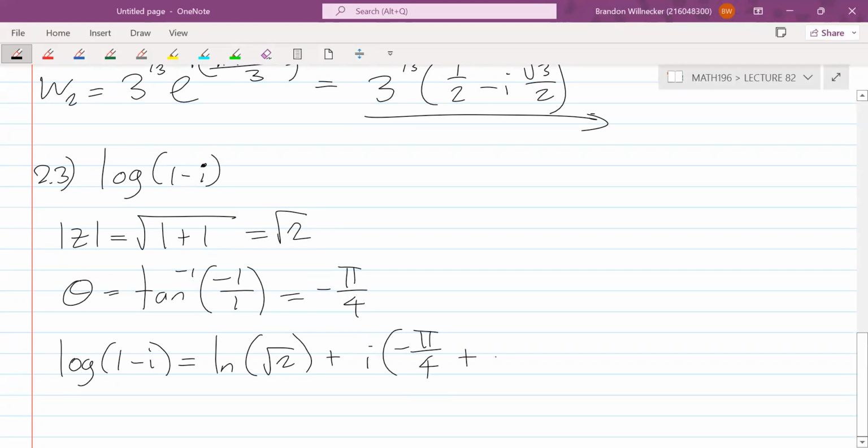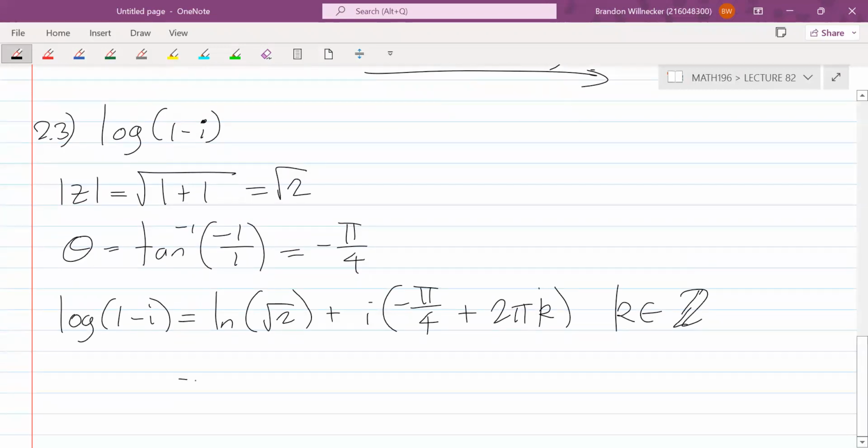So we need to add 2πk, where k is some integer. For every value of k, we get a different value for the log. And if you want to simplify this, log of root 2 we can write as half log 2 plus i times (minus π over 4 plus 2πk). But that's not super important.